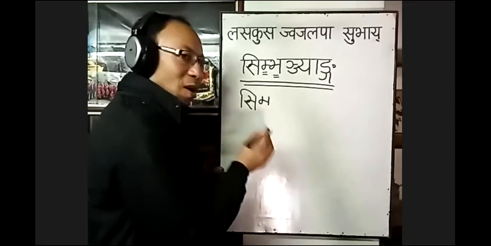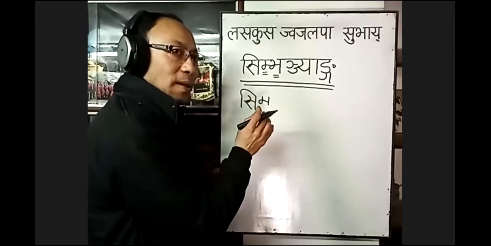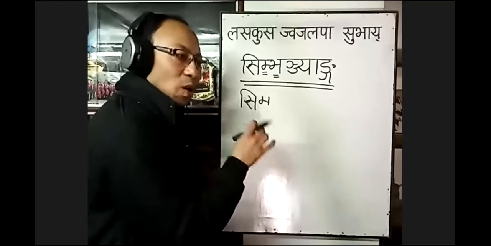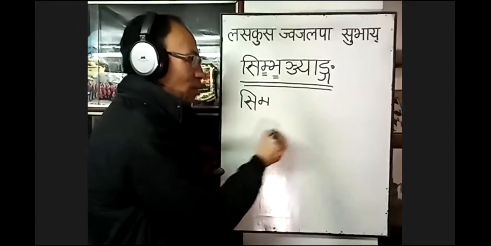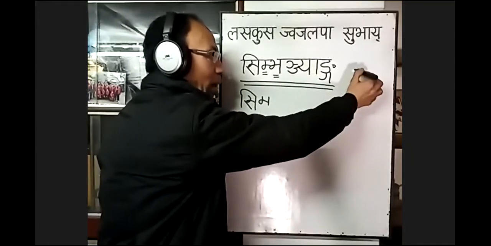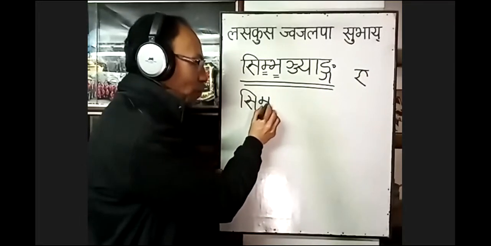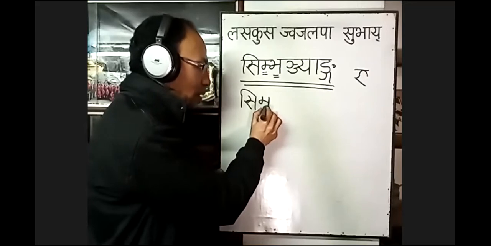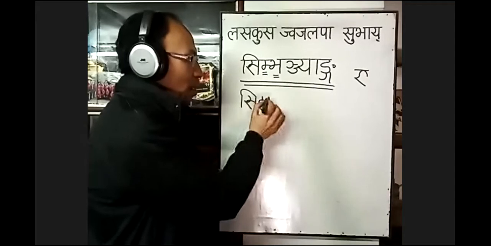If the bha doesn't have the ukar, then you write the bha like this. The mutupa of ma lies here, and from here you just add this bha, simbha.